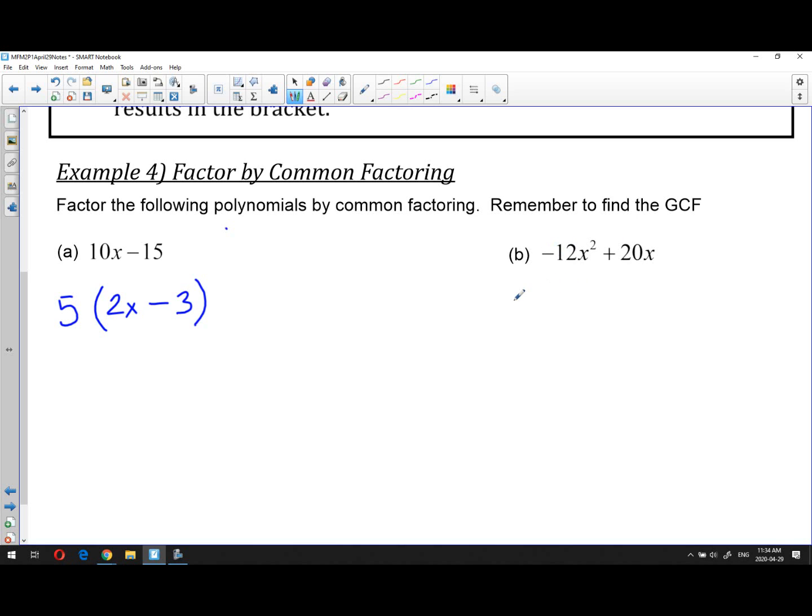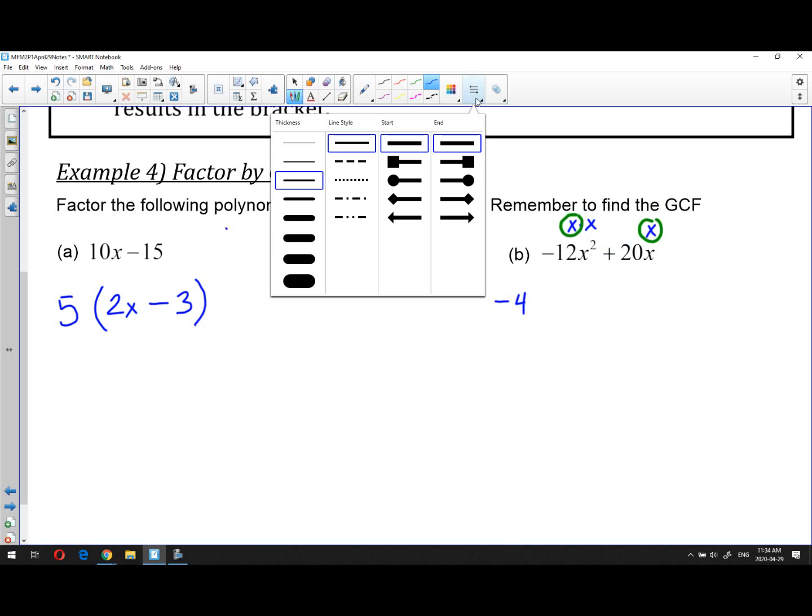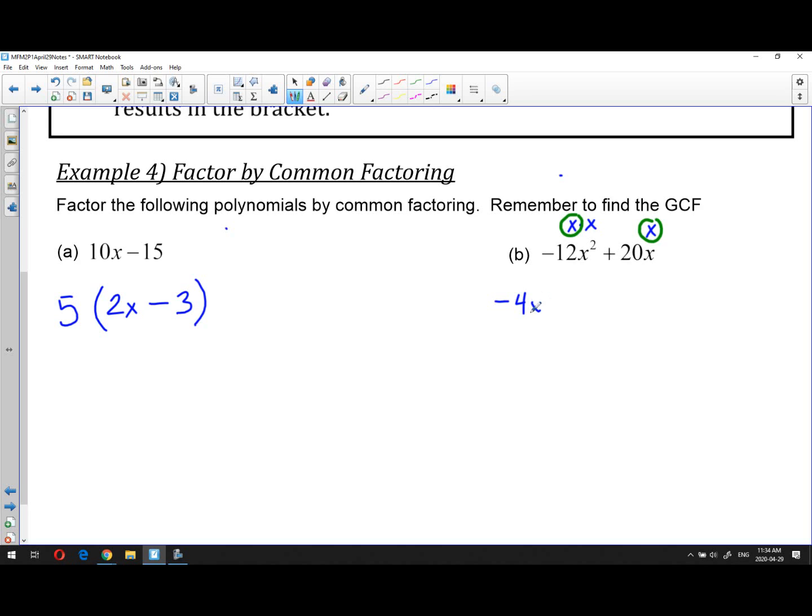Because the first term is negative, our greatest common factor is also going to be negative, so negative 4. Next, we'll look at the x's. x squared is x multiplied by x, and this one has only one x. So there are x's common to both groups. How many? Just one. So x is also a common factor, and our greatest common factor here is negative 4x.